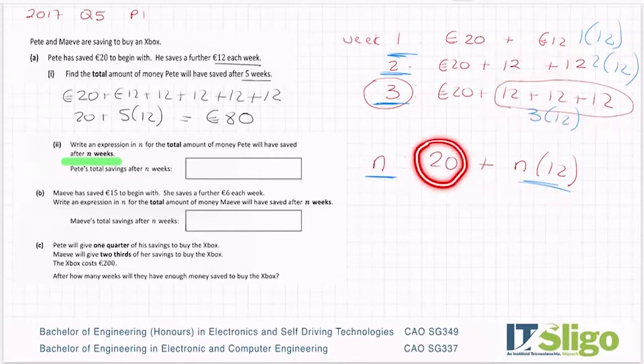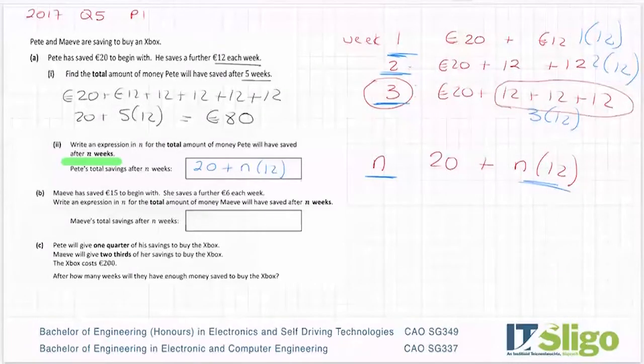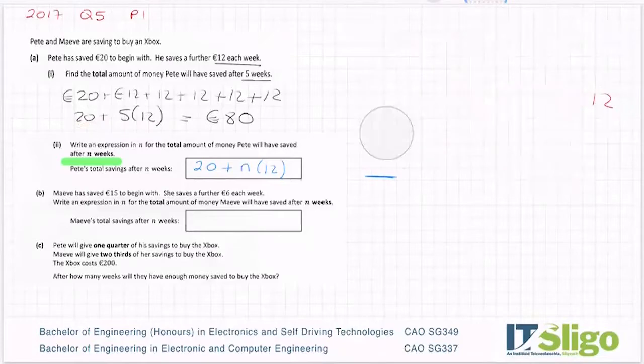So this is a set amount that we're starting with, and then it is normally the difference, which is our 12s times N. I would write this down as Pete's total savings after N weeks would be 20 plus N times 12. Just the same as up here, I had 20 plus 5 times 12 for 5 weeks. I hope that makes sense.